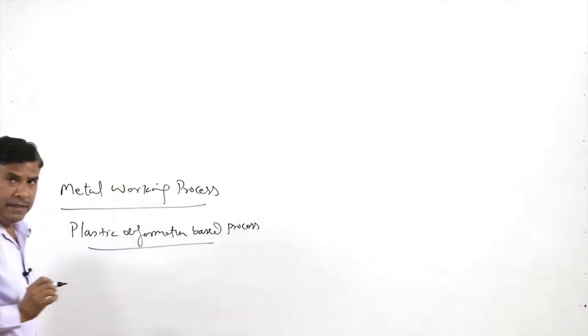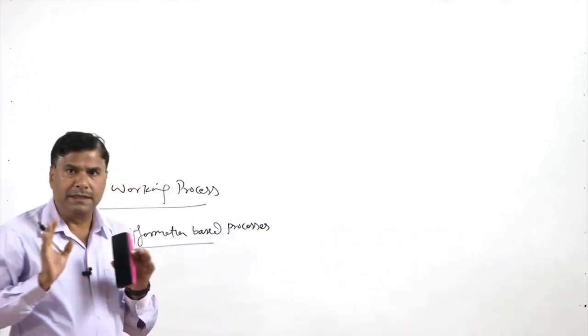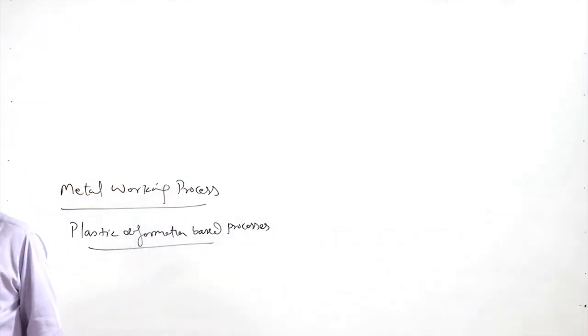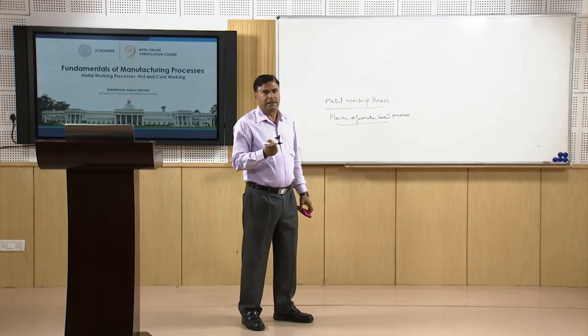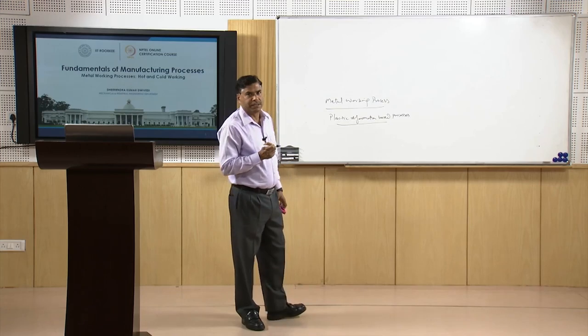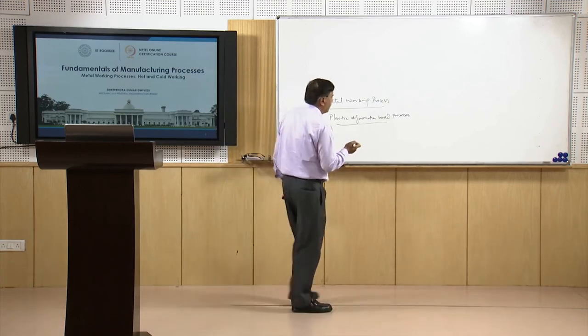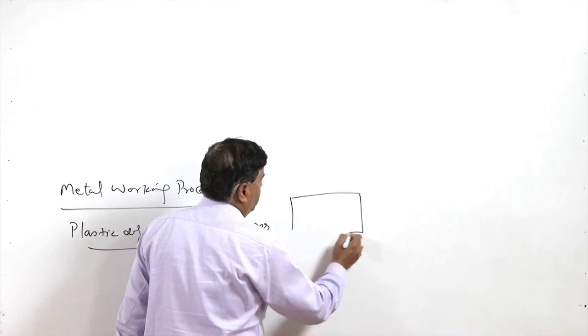In this group of processes, the desired size and shape is achieved by applying force to the metal or the bulk material, so that the required deformation is achieved, and the plastic deformation of the material results in the shape which is desired.